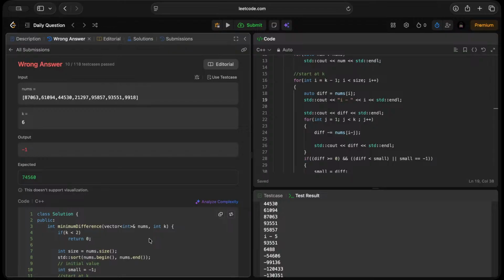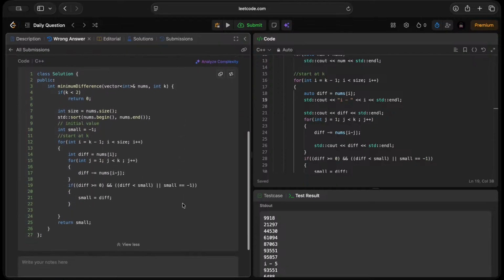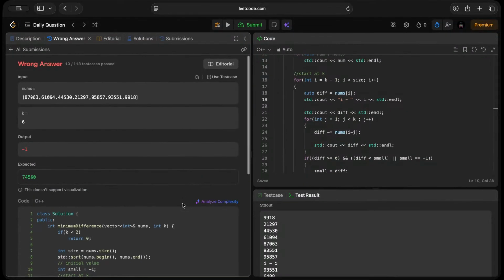Because now if we bring up a calculator, how do we get 704,560? Well, I think it's because, how many numbers do we have here? 1, 2, 3, 4, 5, 6. I don't know how you get 704,560 from there, honestly.